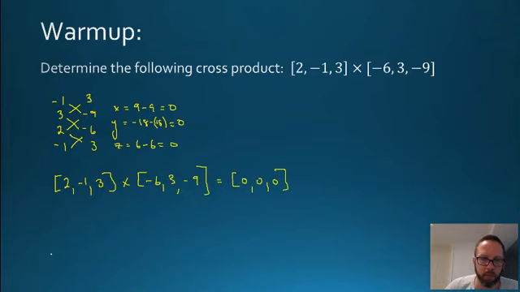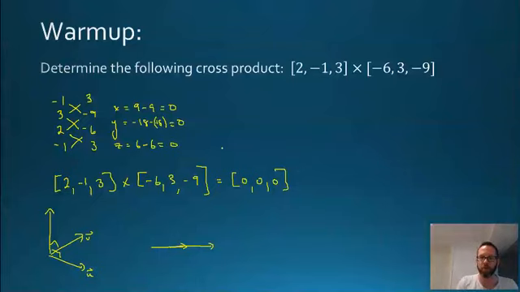So how can this be? Didn't the cross product give us some vector perpendicular to both? Well, it does, but consider, guys, what if those two vectors are collinear? Like this one here. Imagine taking two pens and lining them up like that.